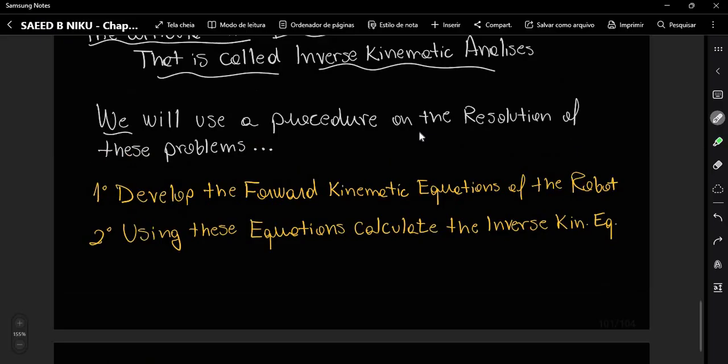We use a procedure for the resolution of this type of problem. First, we develop the forward kinematic equations of the robot, and then we use these equations to calculate the inverse kinematic equations.